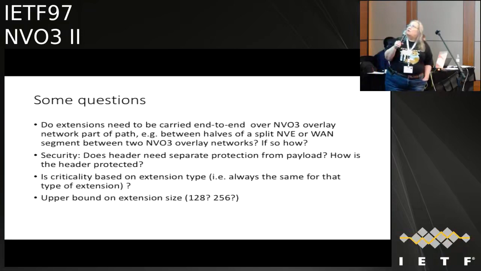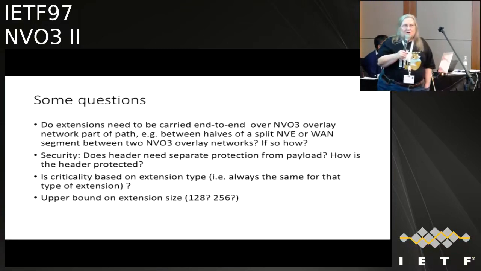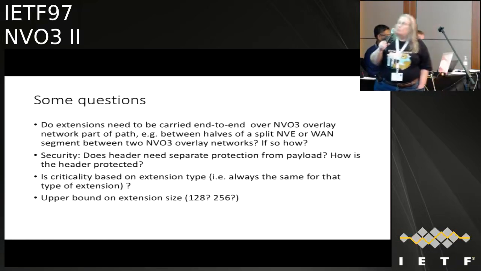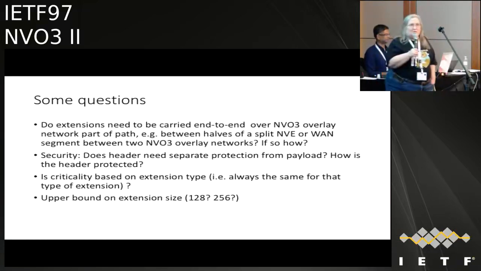So if you want them to go between two halves of a split NVE, or between NVO3 overlay networks that are separated by another kind of tunnel, how do you get that information across?